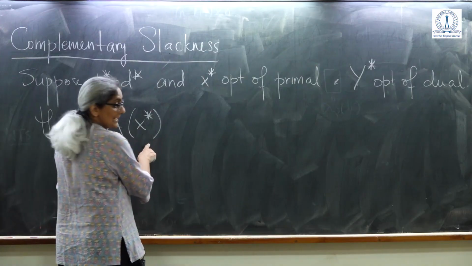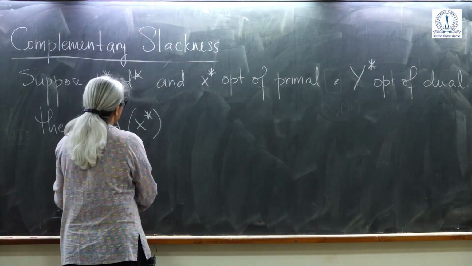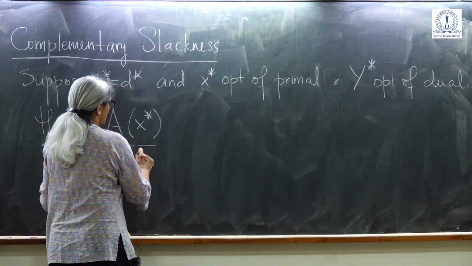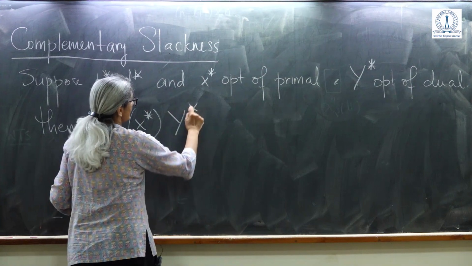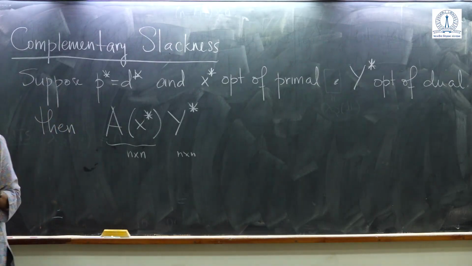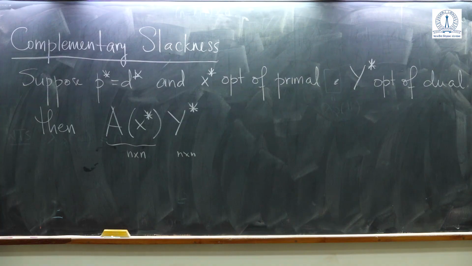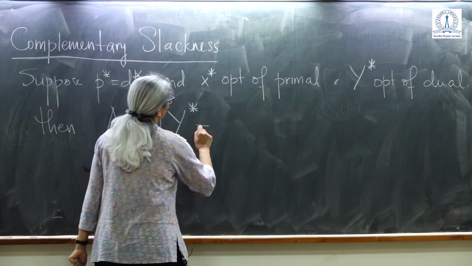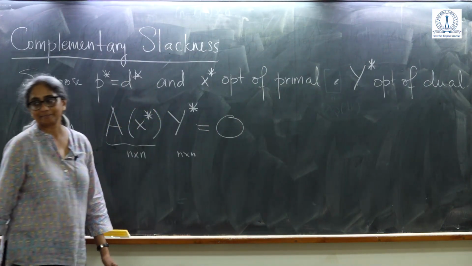And then this is an n by n matrix, and you multiply this with Y star, which is also an n by n matrix. This is multiply, not Frobenius product. If you multiply these two together, you will get the zero matrix.